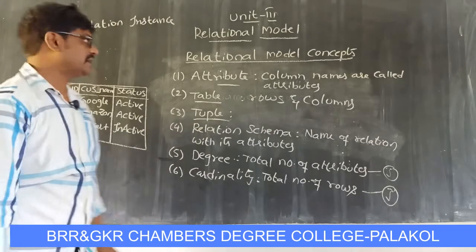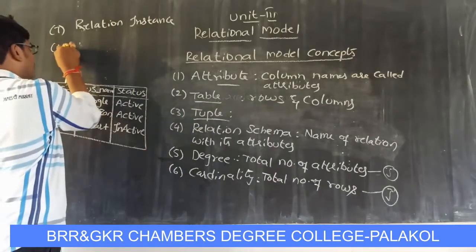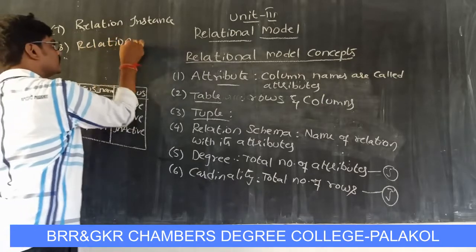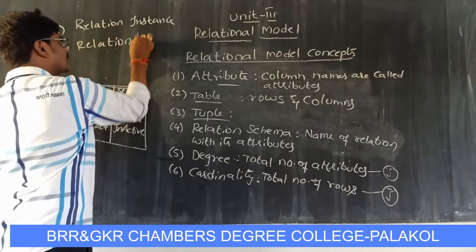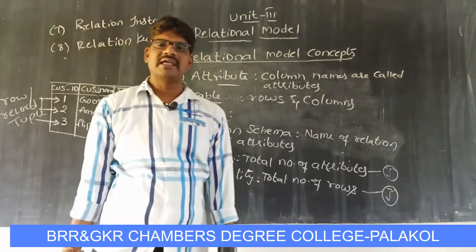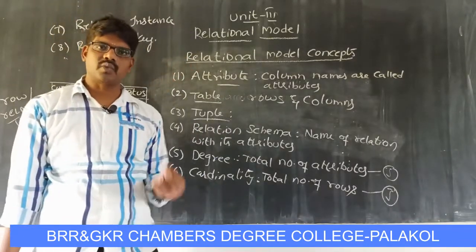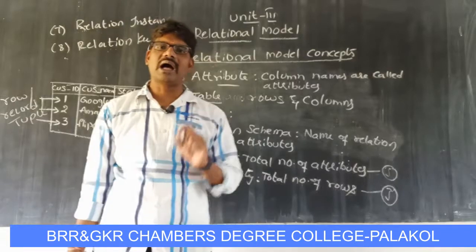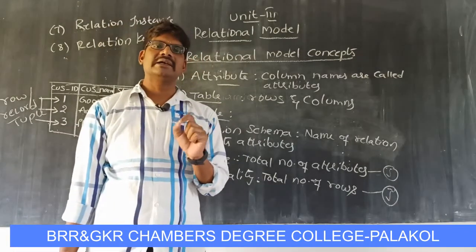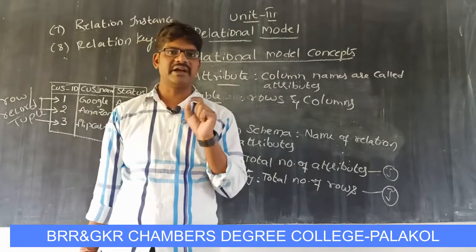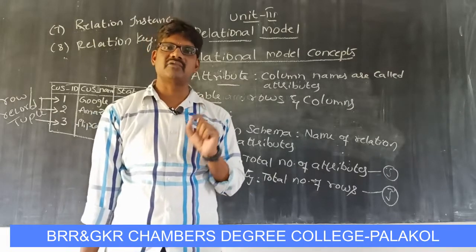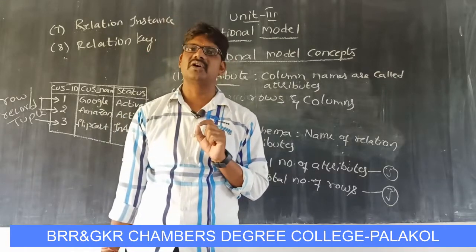Next one, relation key. What is the relation key? Every row has one, two or multiple attributes which are called relation keys. Every table has some keys presented.